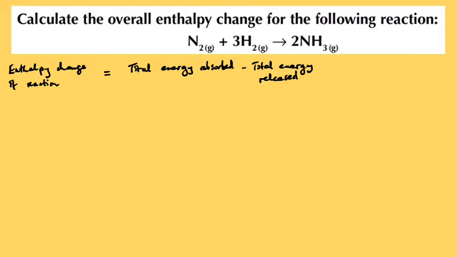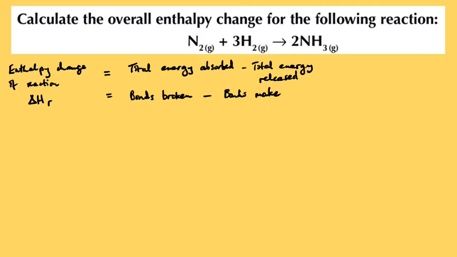And while we're at it, why don't we just use some notation? So that's our enthalpy change of reaction. We can even call that delta H R. It is going to be the total energy absorbed, so that is the energy that's required to break all the bonds, minus the energy released when the bonds are made.